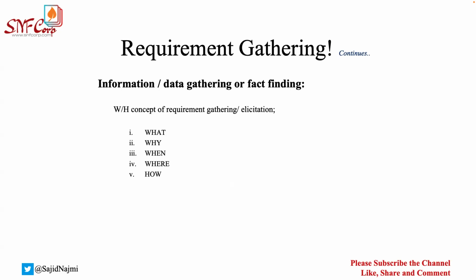This is not something you do when you're capturing the requirements. These are WH concepts. This is not an official term, but I use it so that it is easy for you to remember. There are five WH: what, why, when, where, and how. You can memorize this if you want. It's not needed. You don't see that red icon, so it's not needed. But if you want, you can memorize these things.